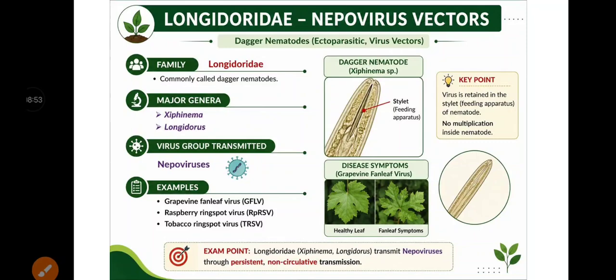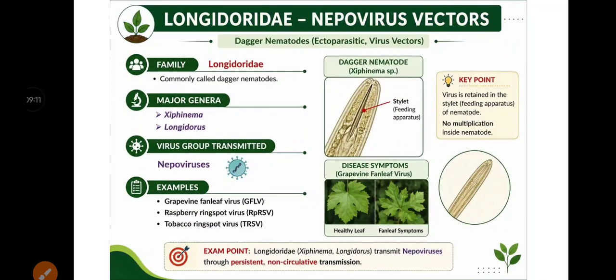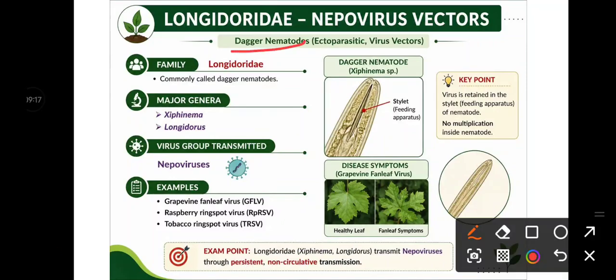Next, the most important thing about the nematodes that transmit plant viruses. Two families of nematodes transmit viruses: the Longidoridae and the Trichodoridae. The Longidoridae family nematodes are called dagger nematodes. Remember the common name also.